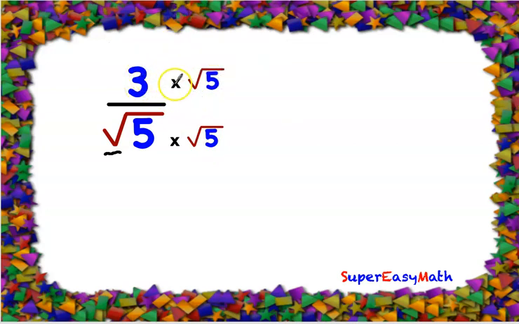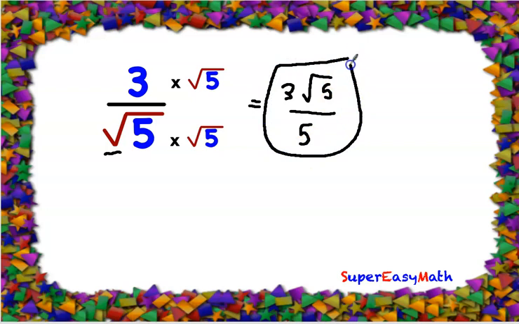So 3 times square root of 5 is equal to 3 square root of 5, and square root of 5 times square root of 5 is equal to 5. So as you notice, we have no square root in the denominator, so the fraction is rationalized.